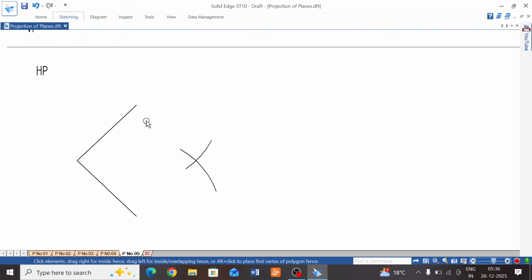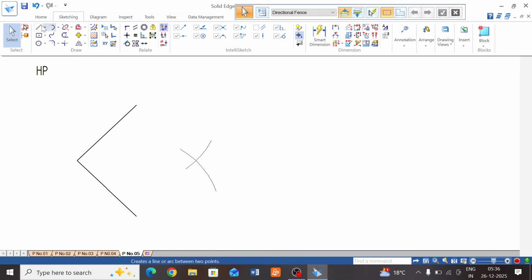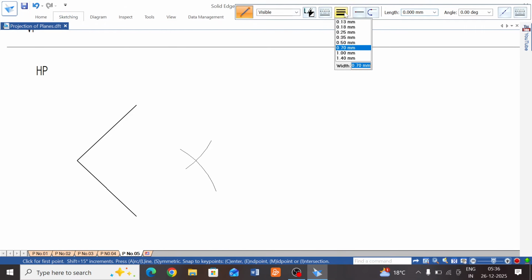Only the square lamina is thick; those arcs you always have to show as thin lines. Now join those intersection points with thick line.